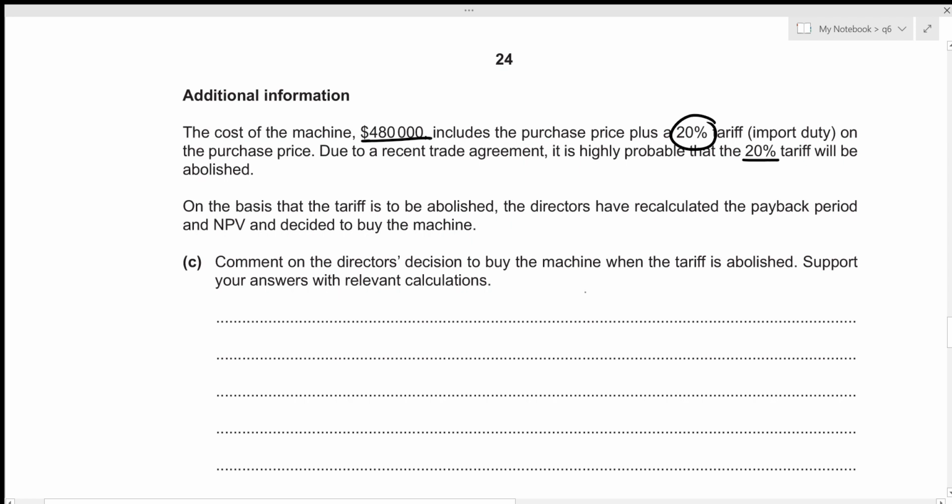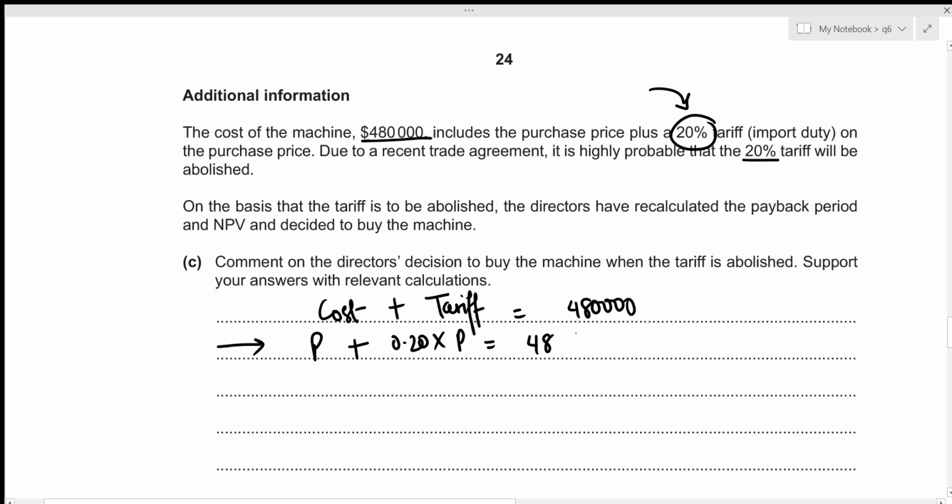First of all, let's figure out the tariff price, right? We know that cost plus tariff results in the price of 480,000. And we also know that tariff is 20% of the purchase price, which in this case I've written down as the cost. So I can write it down as purchase plus 20% of purchase, which is 0.20 times P, and that's 480,000.